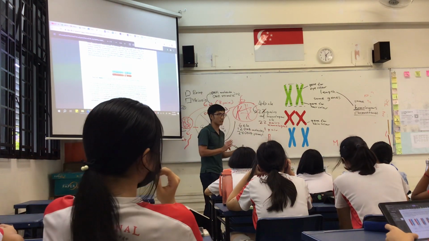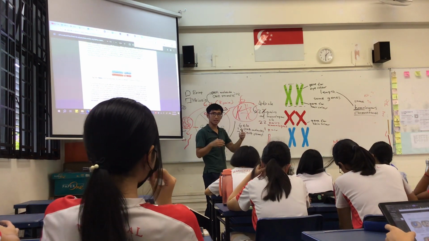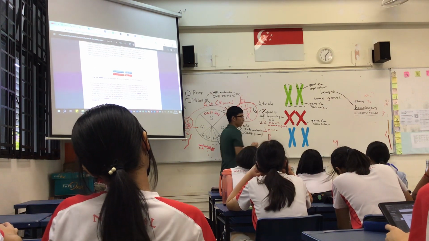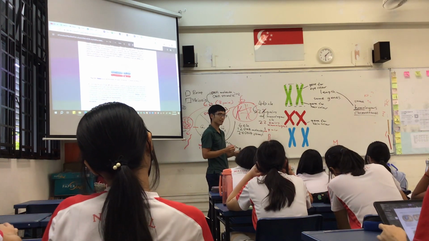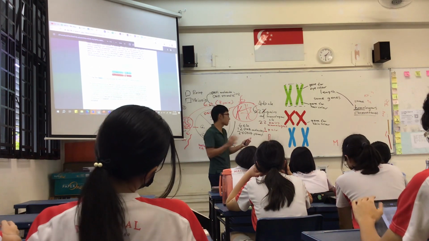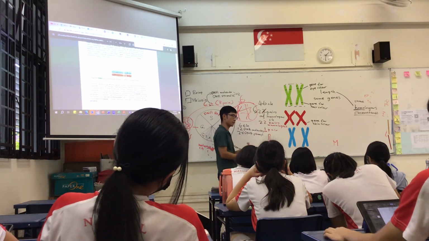We do not consider this homologous. To be homologous, you need to be the same length, with the same kinds of genes present. So the last pair of human chromosomes, sometimes we don't consider it homologous. But some sources just say 23 pairs. But if you want to be very precise, this is the truth.